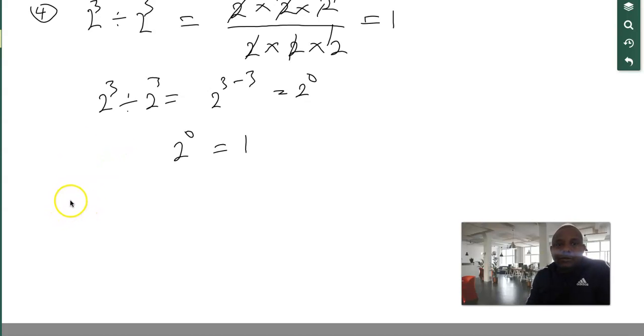Alright, let's do the fifth one. Okay, so the fifth law is the negative law.